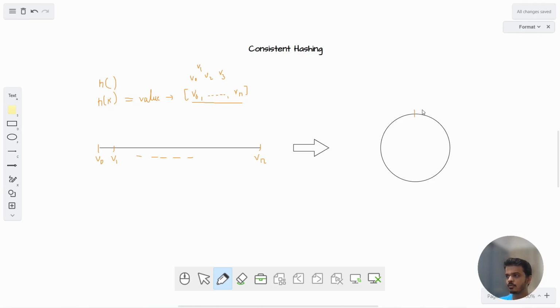So the value starts from v0, it goes v1, v2, v3 and so on, and the last value would be vn, after which it will wrap around. It will again start giving v0, v1, v2, v3. So this is our hash function.